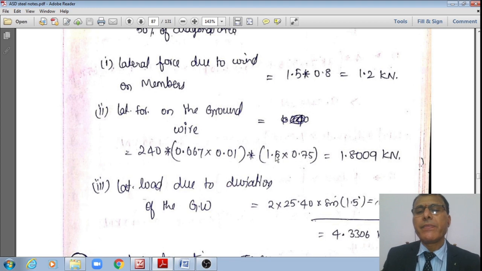Therefore, that is multiplied by 1.5 design unit pressure, which can be reduced by 25%. It now works out to say 1.8009 kilonewton, the lateral load on the ground wire.